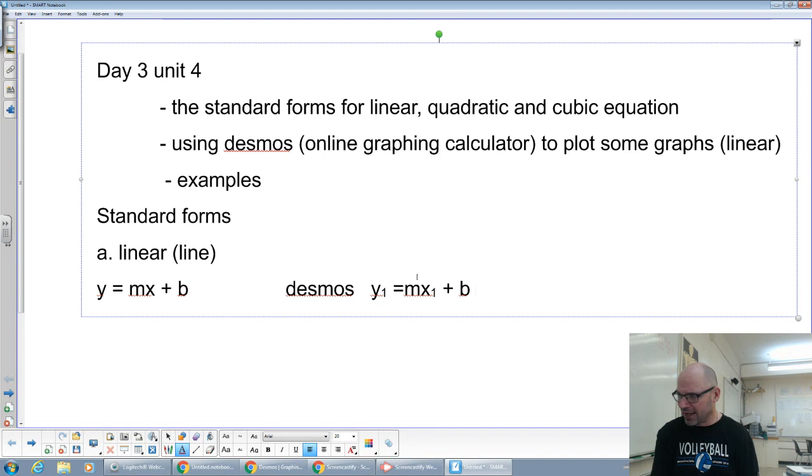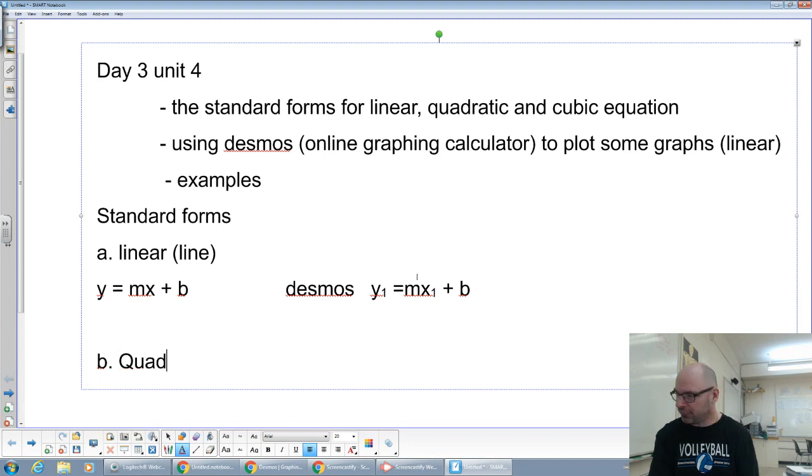Now, when we get into quadratics, the standard form for a quadratic, okay, it's like I said, if you took pre-cal 20 or even foundations 20, there was some quadratic stuff in there.